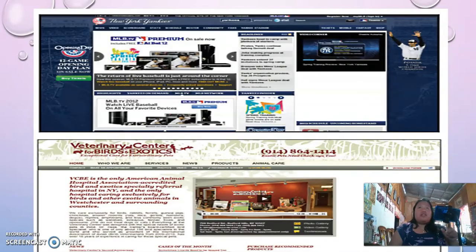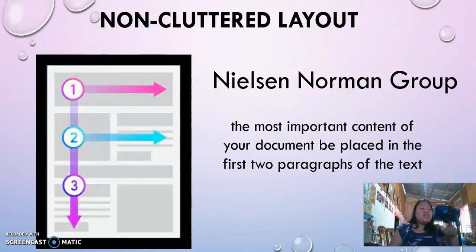Okay, look at this one. So, a study has shown that 94% of people tend to mistrust sites that have poor layout. Okay, remember, 94% of people tend to mistrust sites that have poor layout.